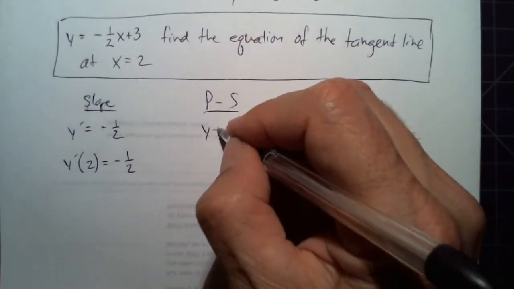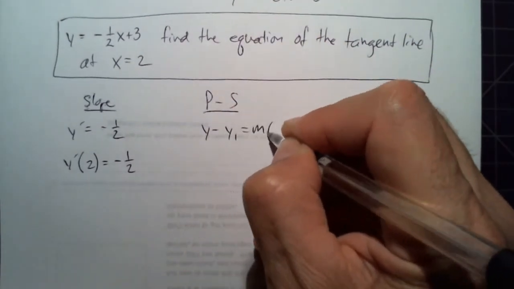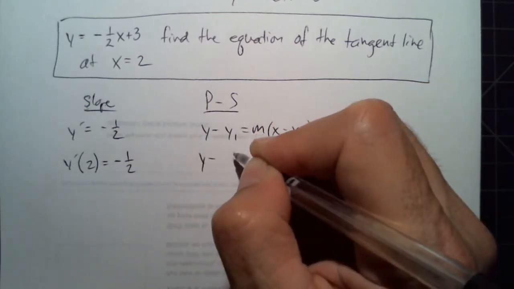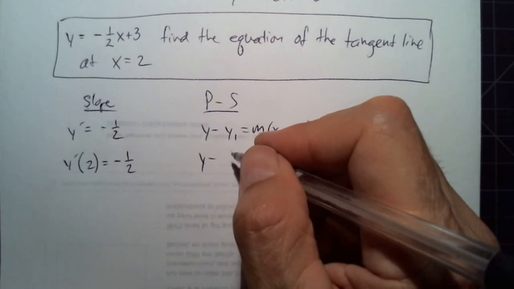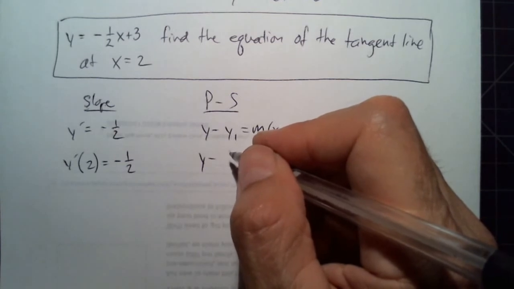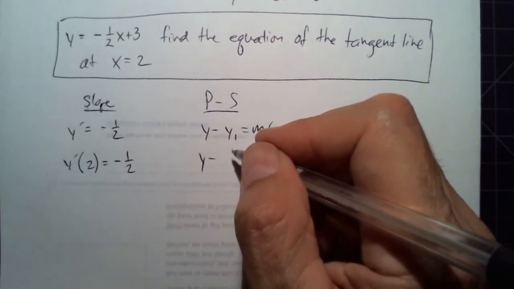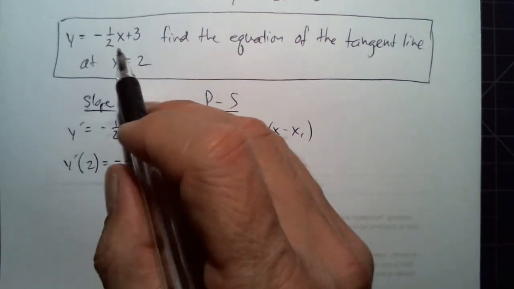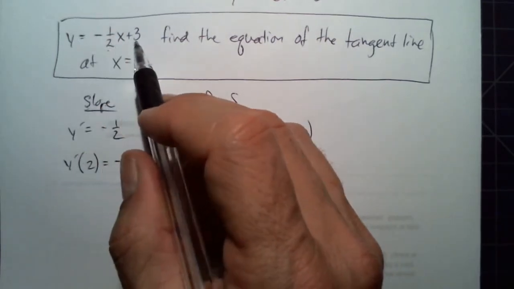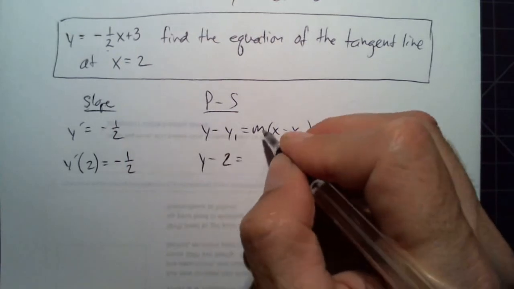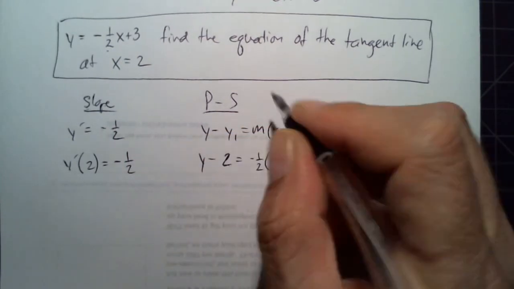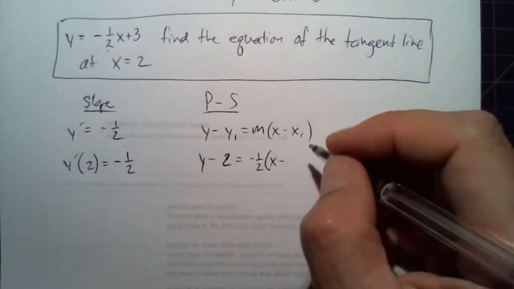And then we have y minus y1 equals m times x minus x1. The y value at 2 is 2. If you put a 2 right there, we'll get a negative 1 plus 3 is 2. The slope is negative 1/2. The x value is 2.